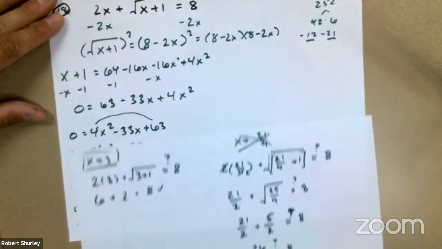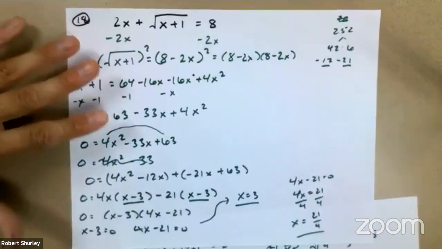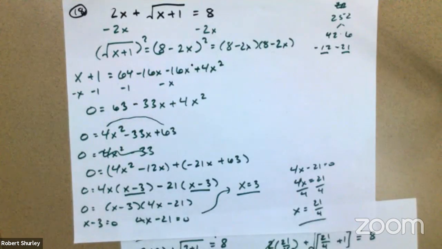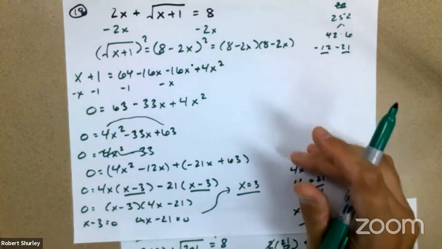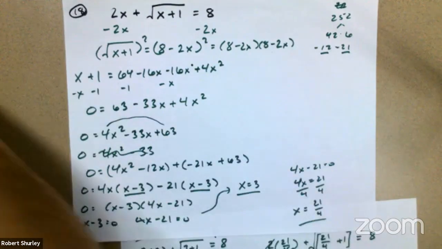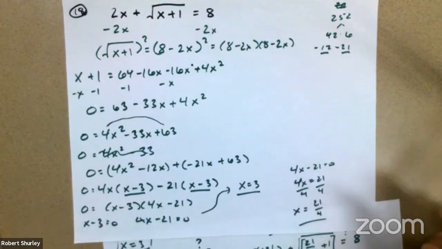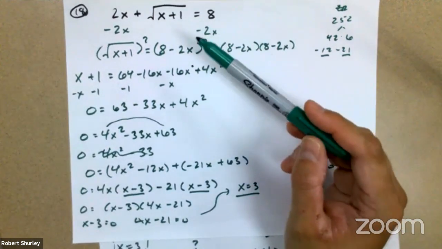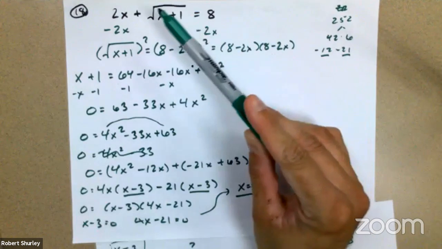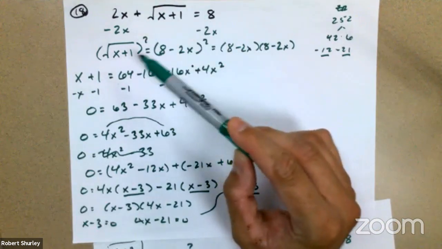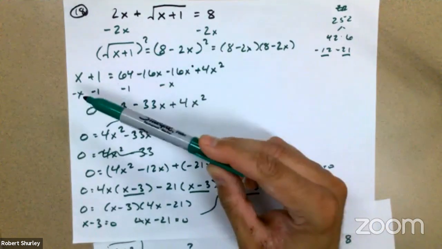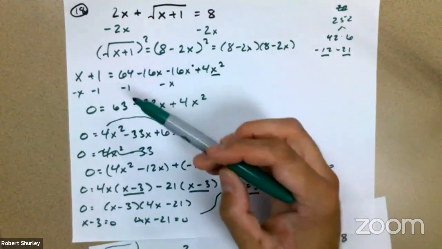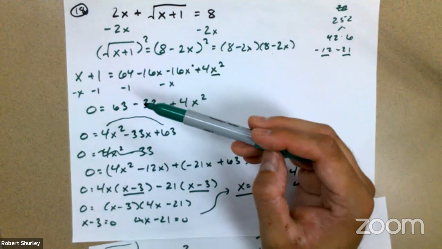This one was a doozy, guys. Holy cow. So you might want to go back and look at this one if you've got more time, in the video, right? You might want to go back and kind of watch this. Just maybe pause it even, because it's a lot going on. The first stuff is just like the easier one. We isolated the radical, squared both sides, we had to FOIL out the right, but then it turns into a quadratic because we have an x squared, 0 on one side, everything else on the other.